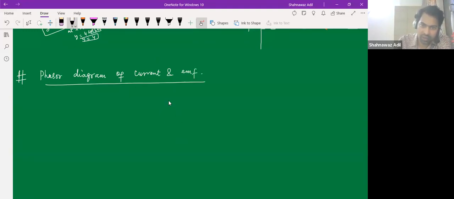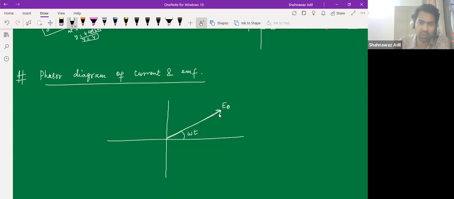So we already know that the EMF generated from the AC supply, the AC generator, is this one, right? It has a magnitude E naught and an angle omega t. So this is the phasor diagram of the voltage, right?